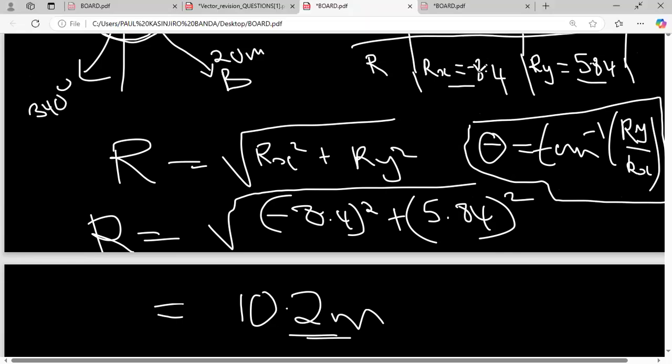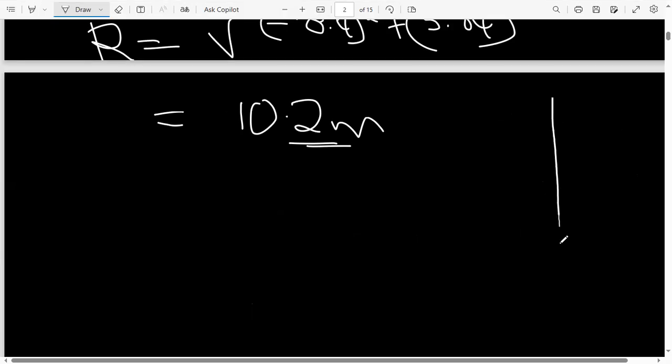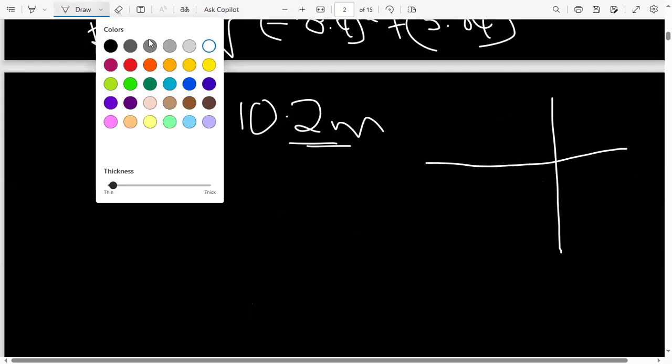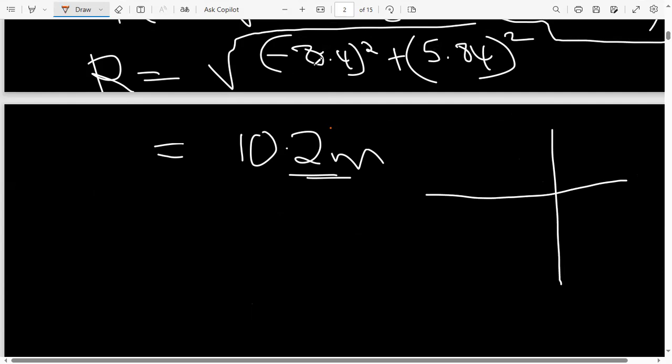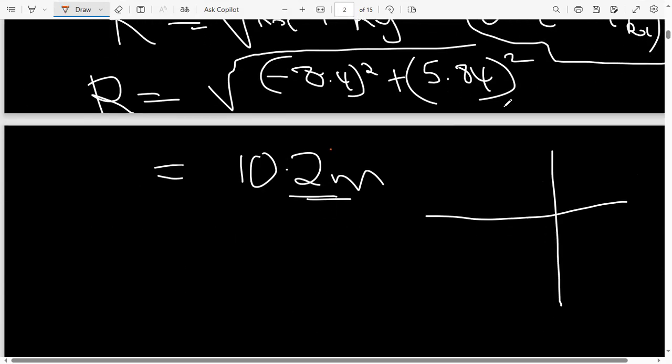Okay, so we are going to get this minus 8.4 and this 5.84. We are going to plot them here. So if this is my x-y plane, I'm first going to plot minus 8.4. So minus 8.4 means it's going to the negative direction like that. Here you just write 8.4, not minus 8.4. So the direction here is the one that's showing that this is negative.